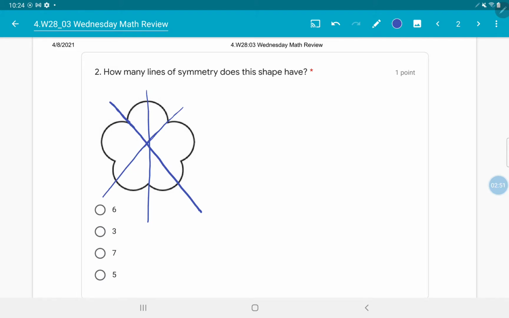Who knows where they are? Thank you. If each one goes from a point to the opposite petal, there you go. Good job, Scotty. There's a line of symmetry. And then we have one more. It's not from point to point. I know. Go to it.